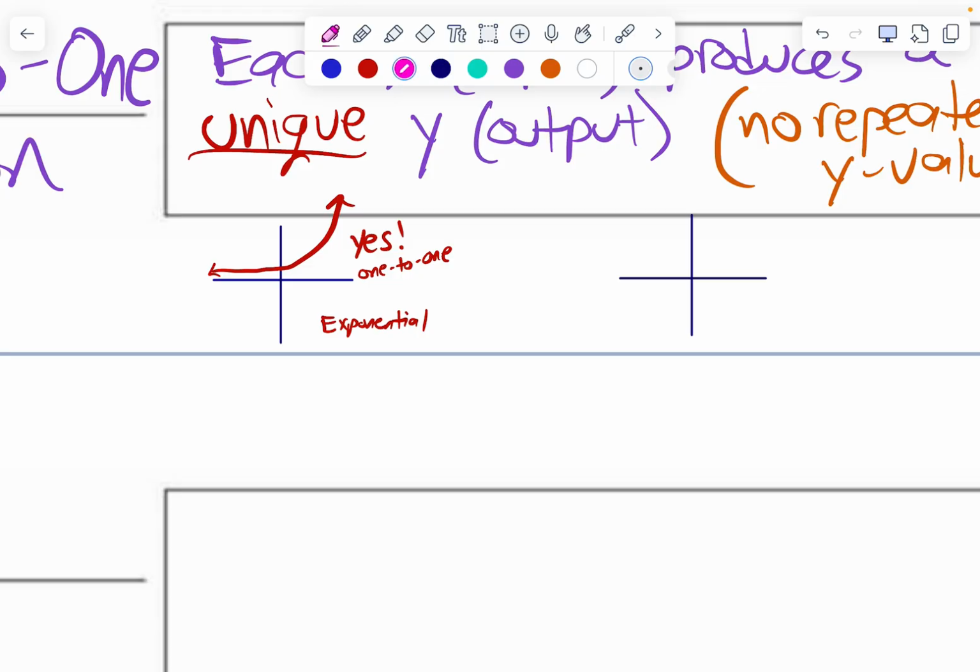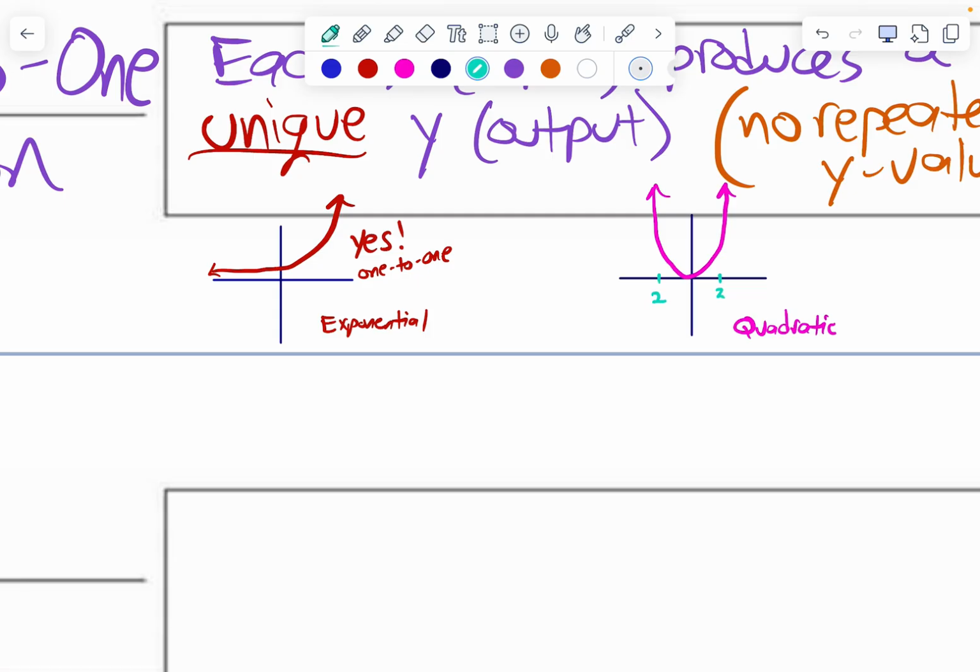Okay, next one we're going to do is called quadratic. We will learn it. That's how we'll end Algebra 1, studying quadratics. It looks like that when you graph it. It's called a parabola. Is it one-to-one? Does each x produce a unique y value? So let's do, for example, -2 and 2.